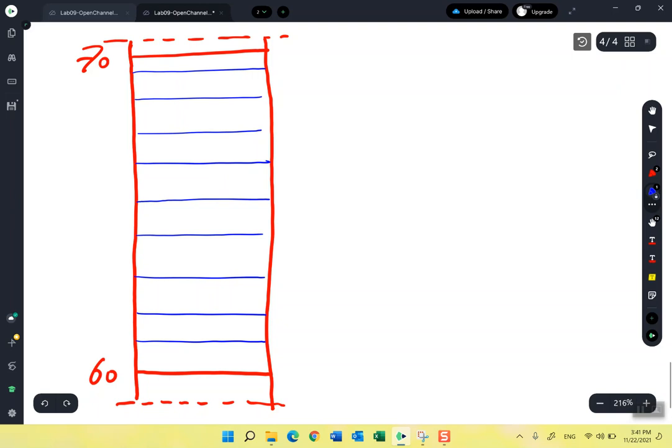Okay? And for the smaller ruler, it was something in between 34, something between 34 and 35. So let's say that it is in this location.